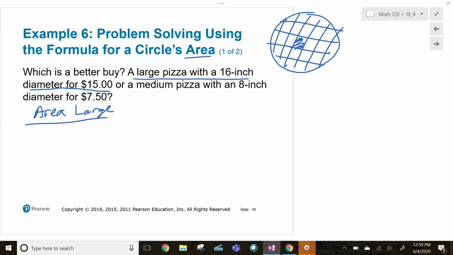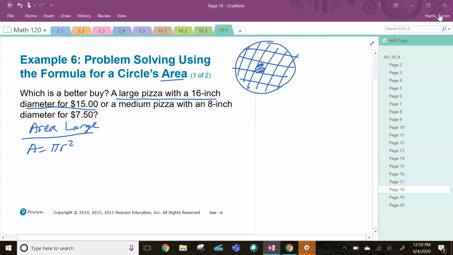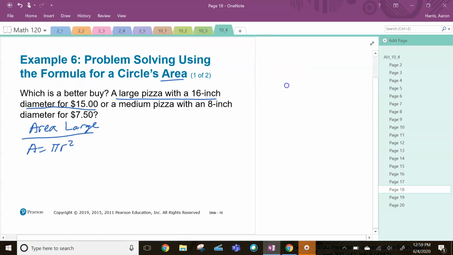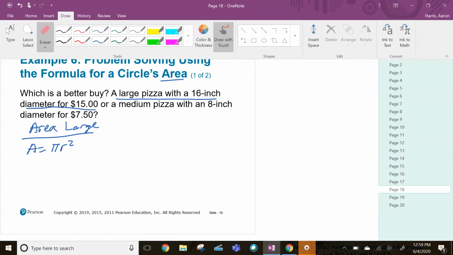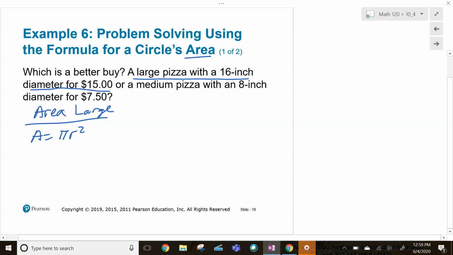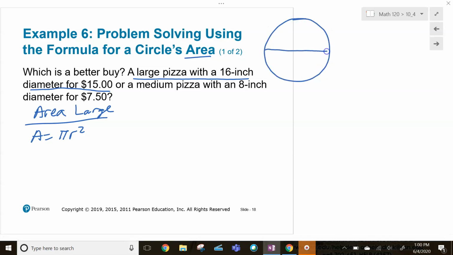The area of a circle, the formula is pi times the radius squared. For this large pizza, the diameter is 16 inches, so the radius would just be 8 inches.